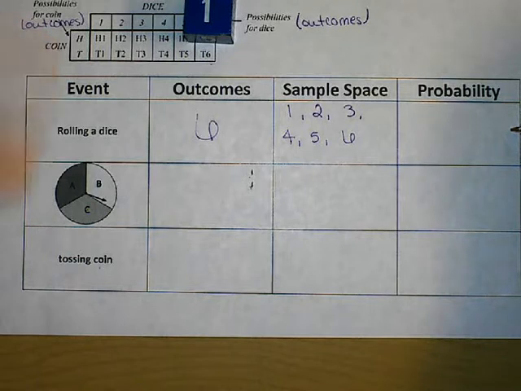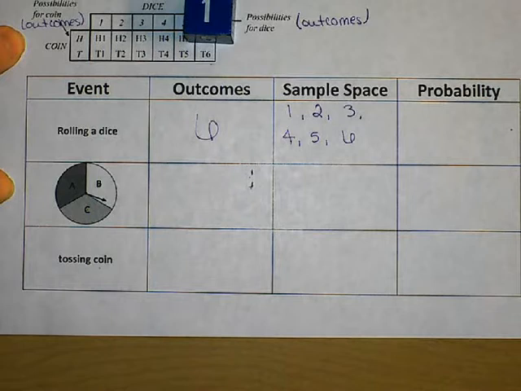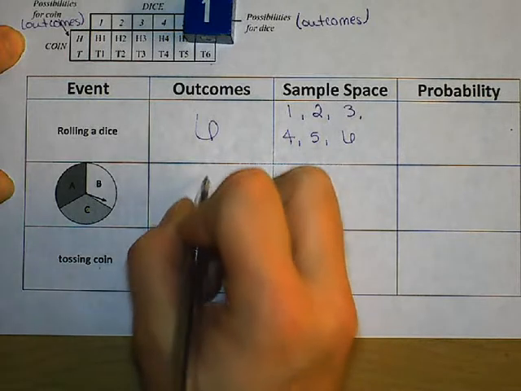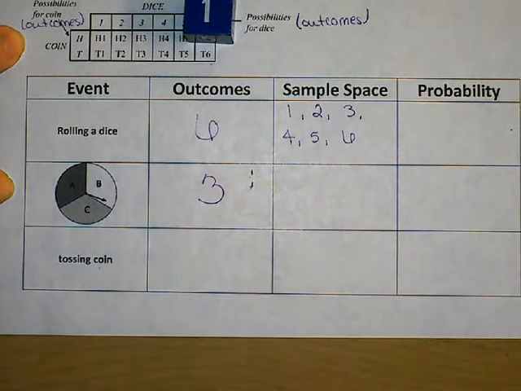For now, let's take a look at the second example, spinning this spinner. How many outcomes do you see on this spinner? That is correct. We have 3.